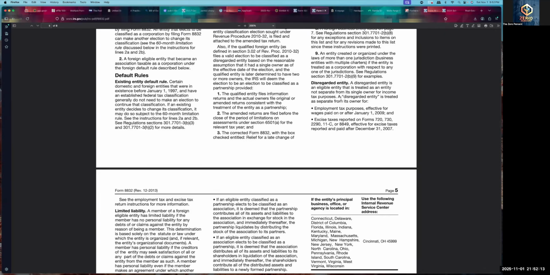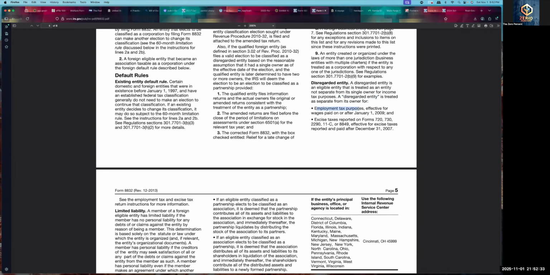Check this out. A disregarded entity is treated as separate from its owner for specific reasons. Number one, employment tax purposes. Okay, so this is an employee.